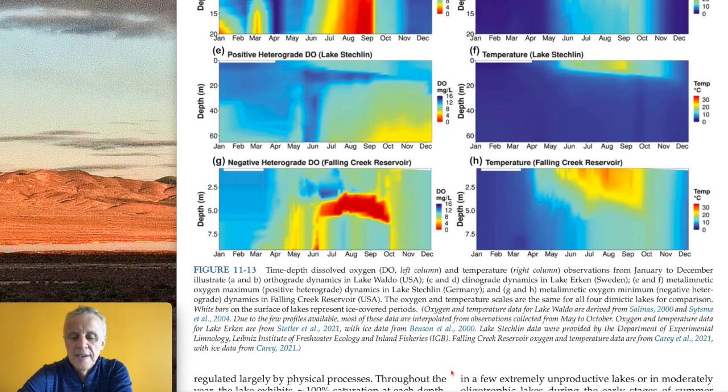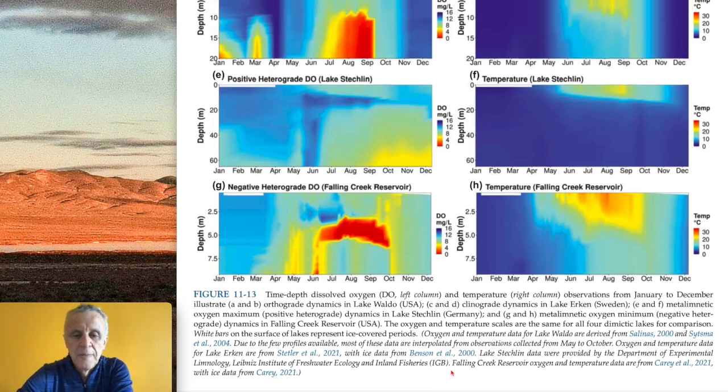The oxygen and temperature scales are the same for all 4 dimictic lakes. For comparison, white bars on the surface of lakes represent the ice-covered period, oxygen and temperature data from Lake Waldo, etc.